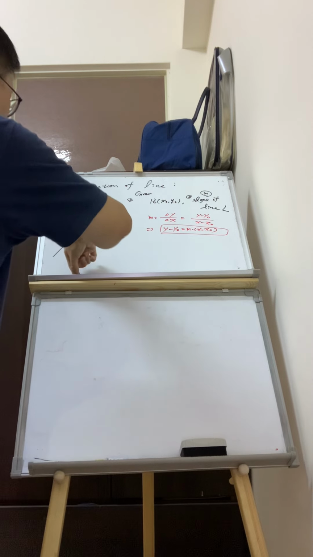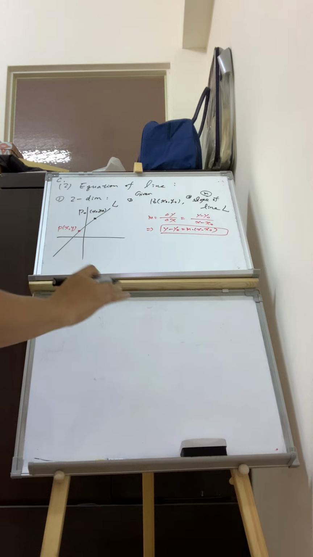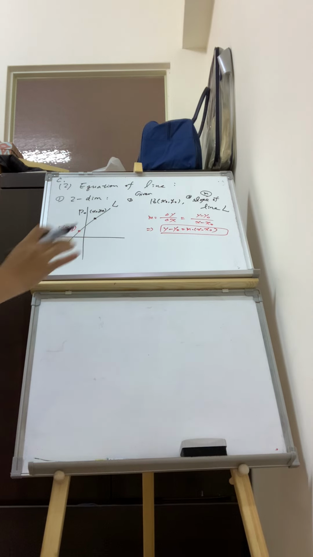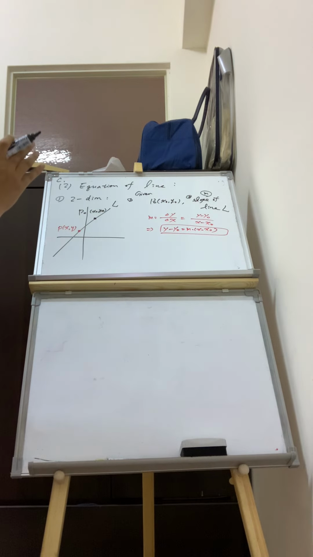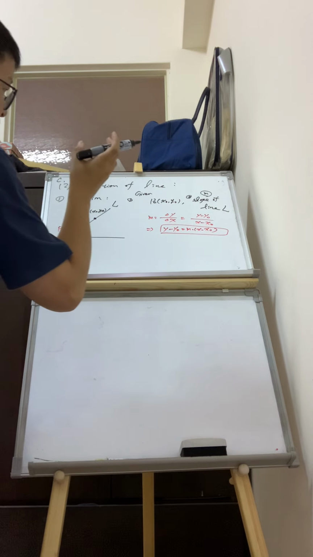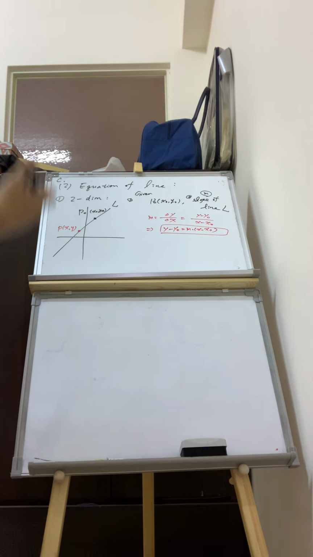Now we use another way to explain it. In the three-dimensional coordinate system, we don't have the concept of slope. If we want to say the slope of a line, we should fix one plane.